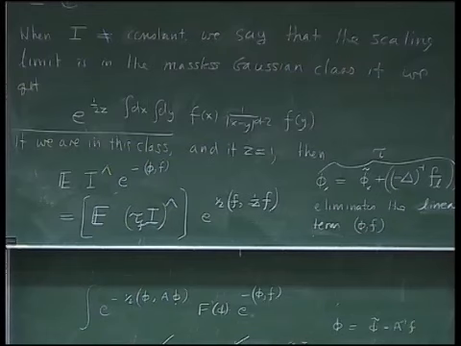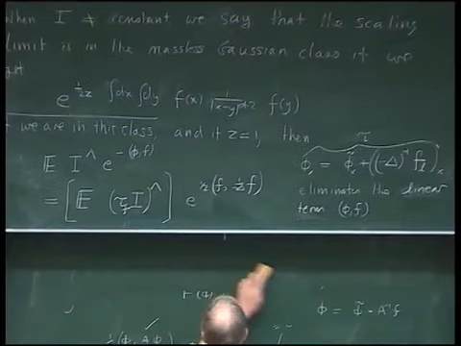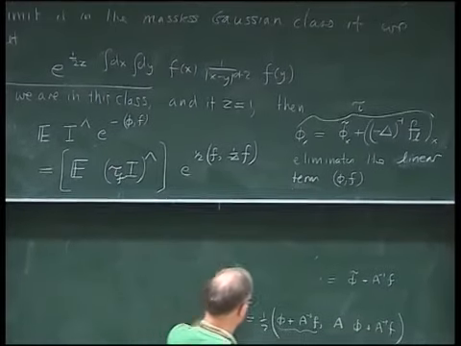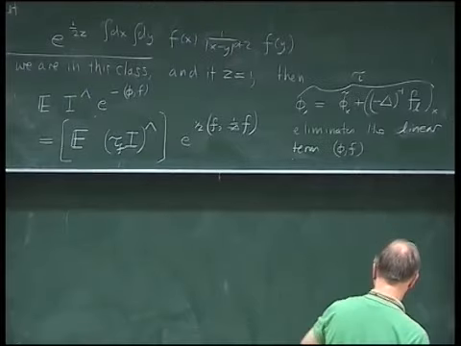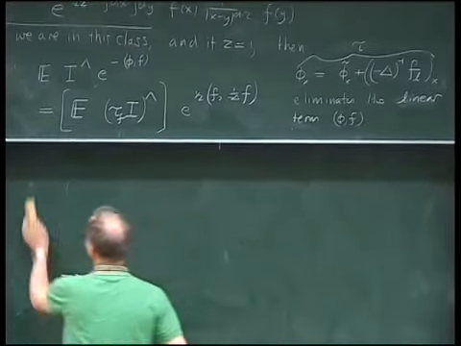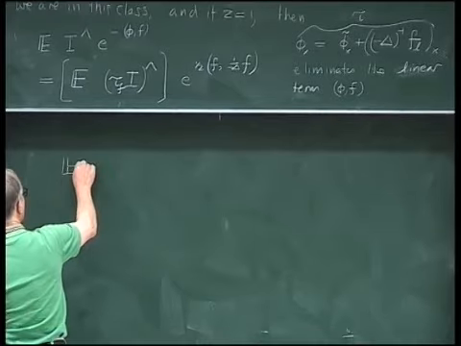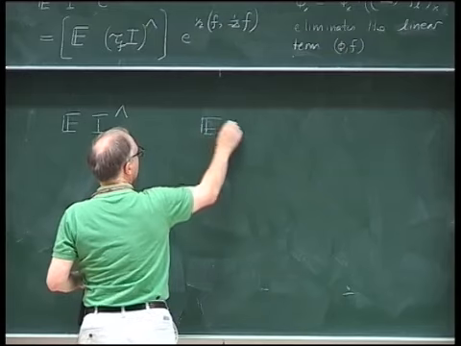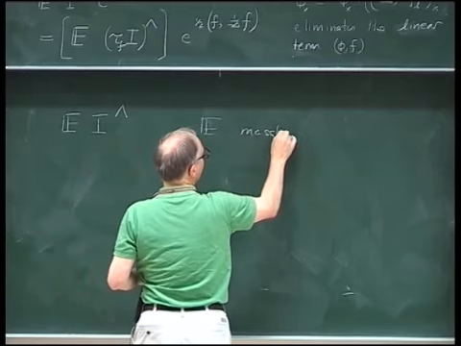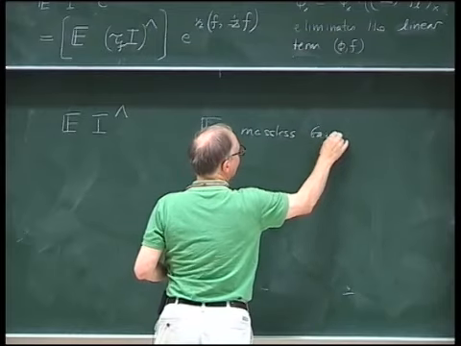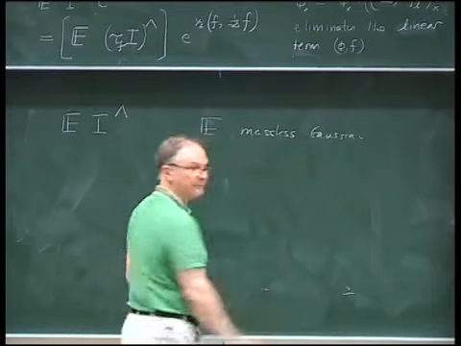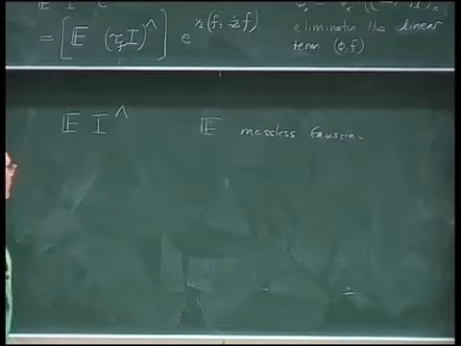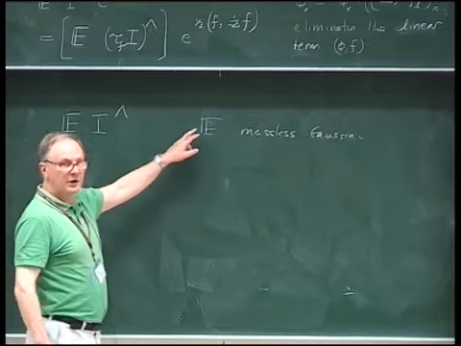Right. So it's good to bring everybody back to where we were. We're studying integrals of this form, where E is the massless Gaussian. Now, the massless Gaussian is not just any old Gaussian field.